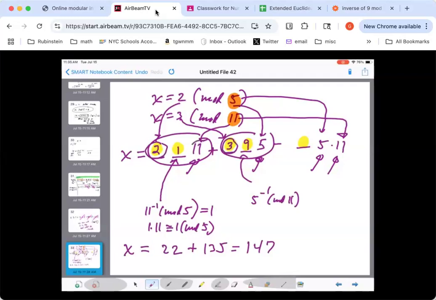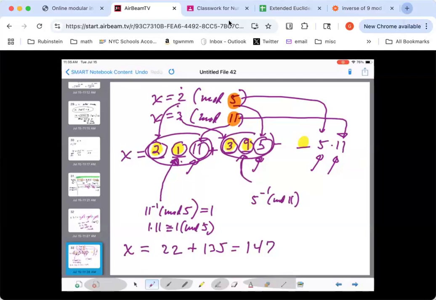These two numbers are the two mod numbers. And these two numbers come from the inverses. So 4 of the numbers are literally just the 4 numbers here, but just knowing where to put them. And these two numbers came from inverses. Now, I will tell you that 147 is the answer to the question.